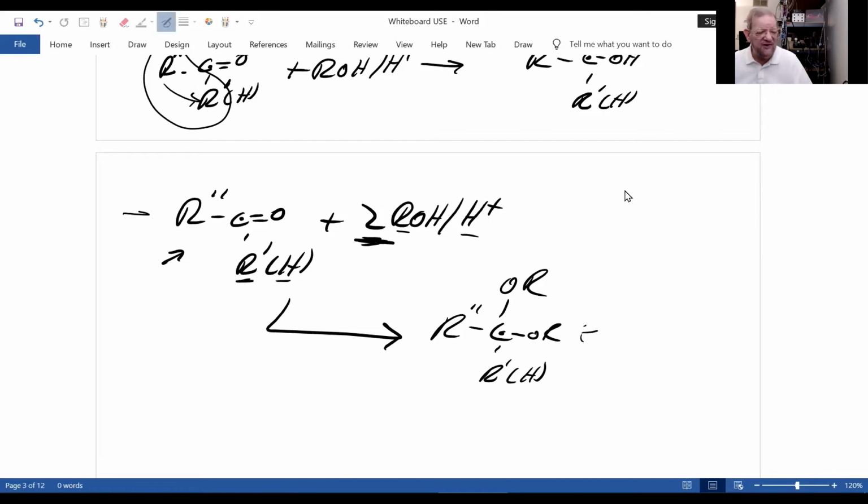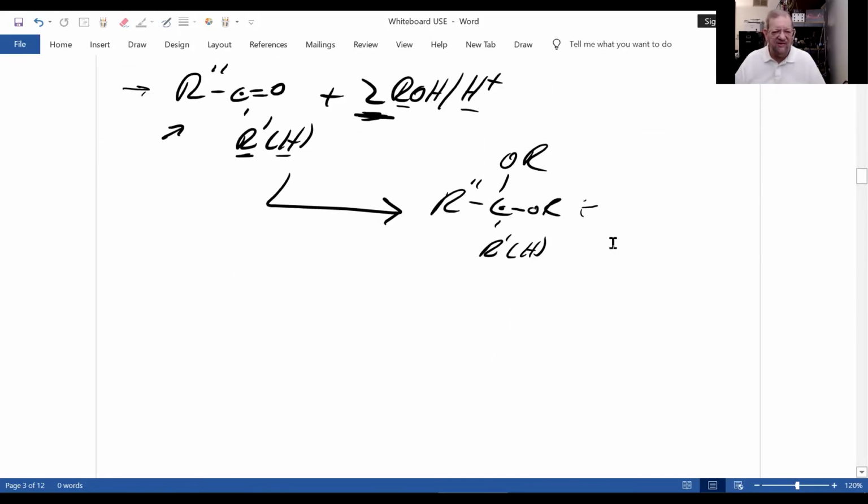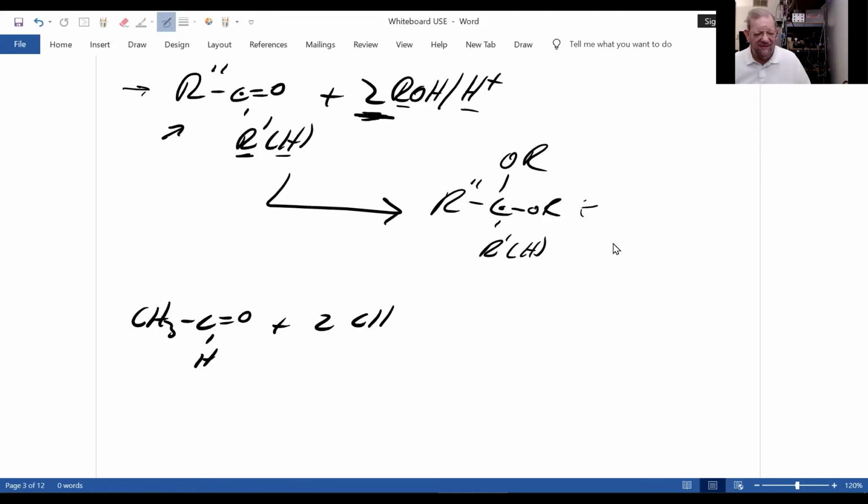In case you forgot, I'll teach you more, and specifically, this is the reaction Mother Nature uses to make starches. So let's have you try one. And there's one for you to try.